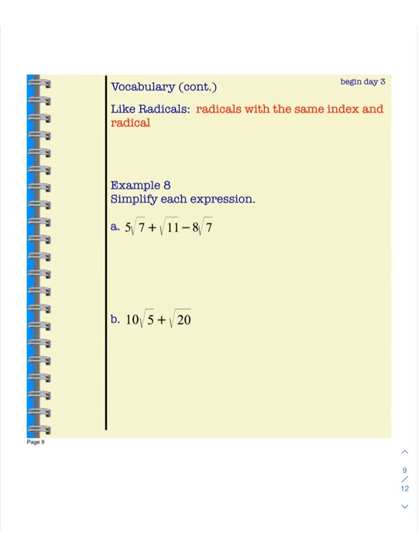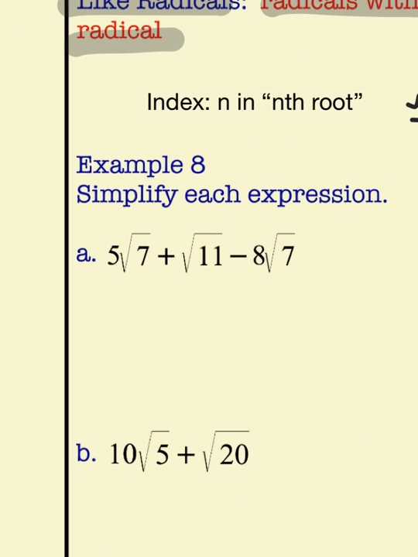All right, so we have some more vocabulary. Like radicals, and think of the word like as how we used it in like terms, are radicals with the same index and radicand. And remember, index is like n in the nth root, or we had it written like that. All right, so to simplify each expression, I notice that I have 2 square roots of 7 with different numbers in front, but that's okay.